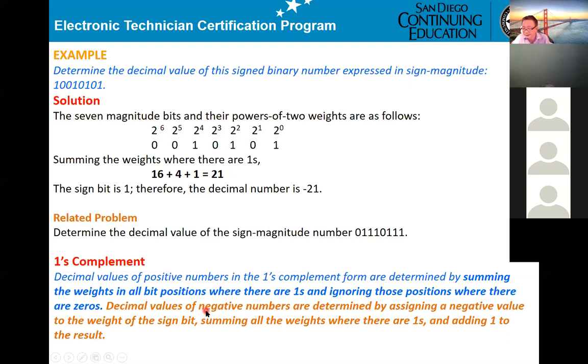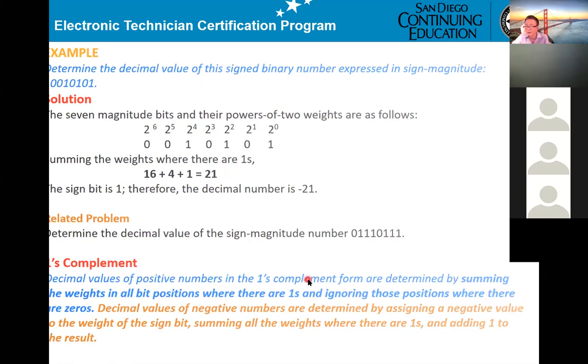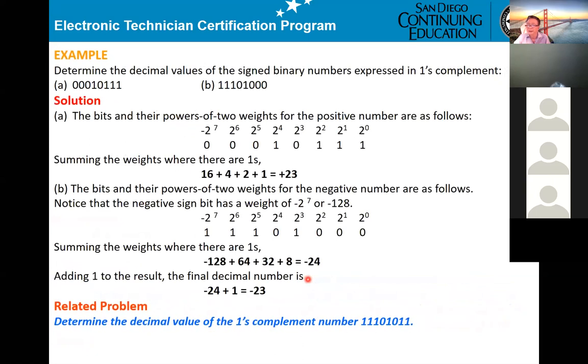The decimal value of a negative number is determined by assigning a negative value to the weight of the sign bit, summing all of the weights where there are 1, and adding 1 to the result. Now, this is the example here. Determine the decimal value of the sign binary number expressed in first complement, A then B.